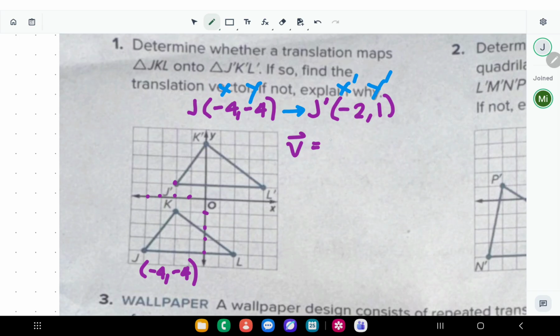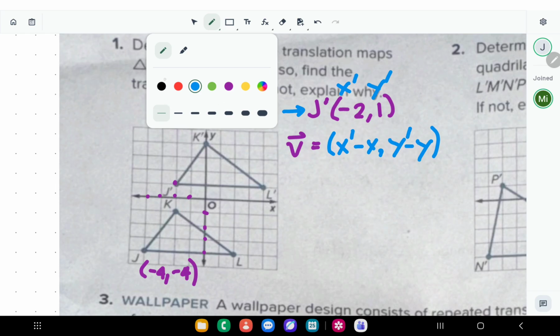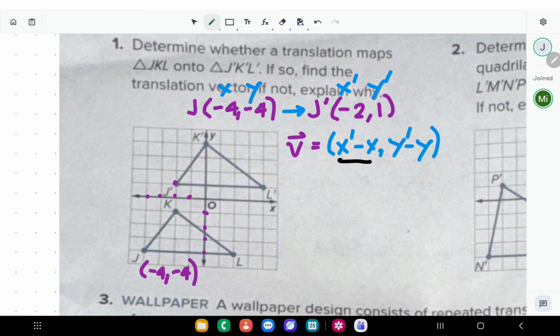So we just subtract them: X prime minus X, and then Y prime minus Y. X prime minus X tells how far left or right the figure moved, and Y prime minus Y tells how far up or down the figure moved.